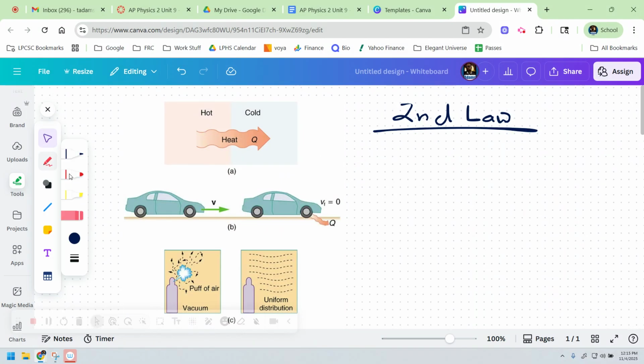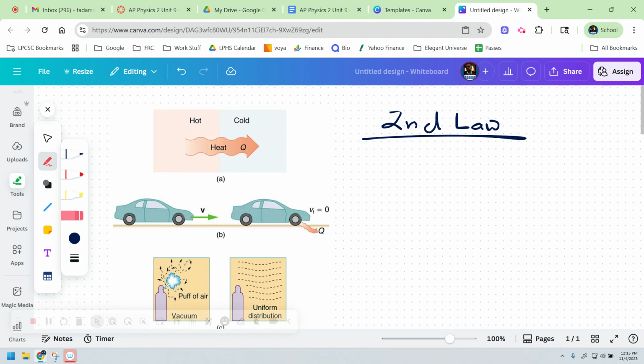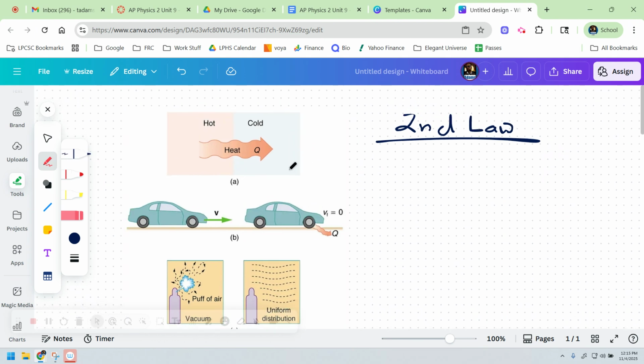What I always tell kids is colder items absorb heat energy.